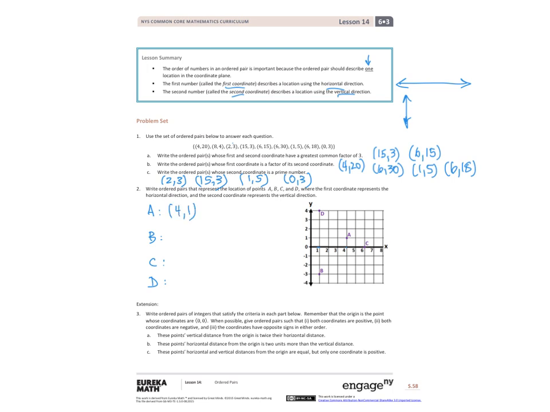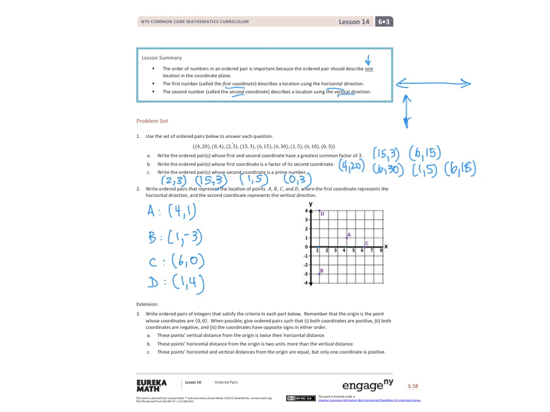How about B is over 1, down 3: (1, -3). C is over 6 and up nothing. It's got to stay still. And D is over 1, up 4. Okay, so that wasn't too bad either on number 2.